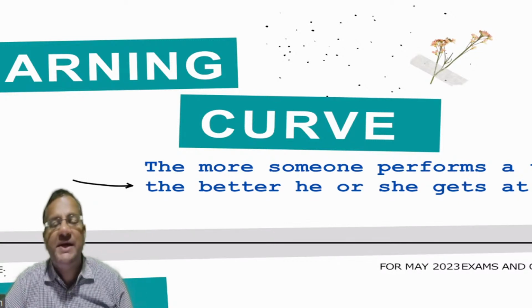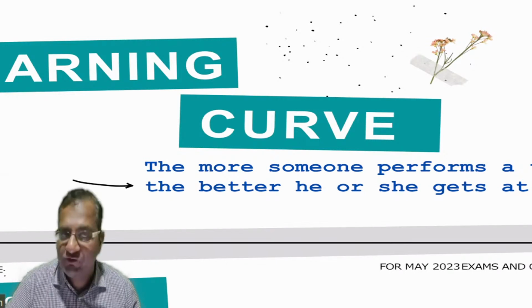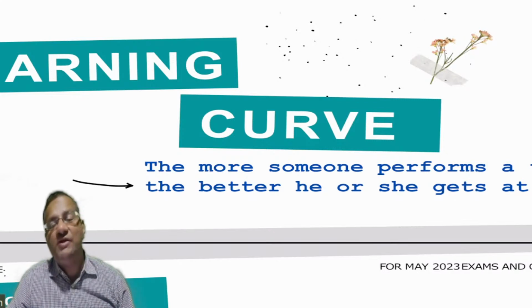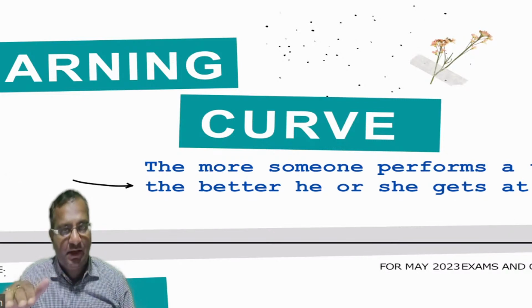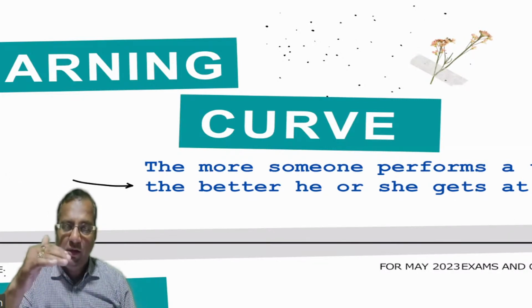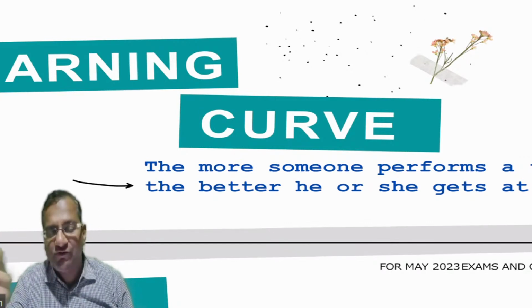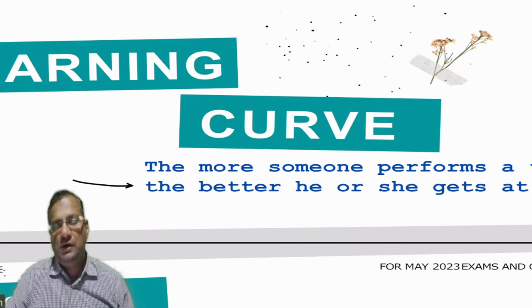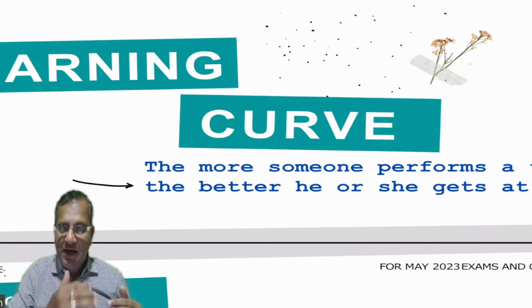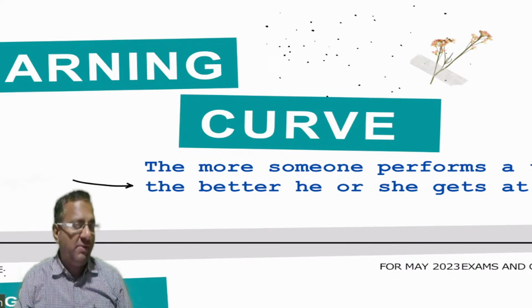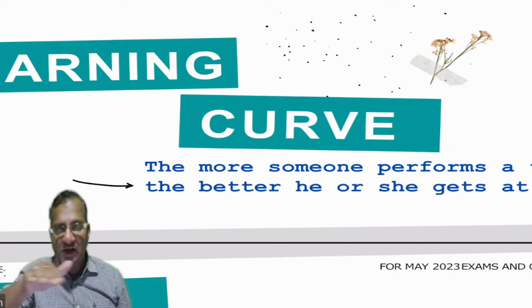Worker has gained complete experience how to produce such units. At that stage, the stage is known as stable stage. स्टेबिलिटी आ जाती है. Now, the time taken for producing the unit will neither decrease nor increase. That is the stable stage. The first stage is learning stage, जहां पे time taken for every subsequent unit gets decreased. After some units of production by the same worker, there will be the stability stage.